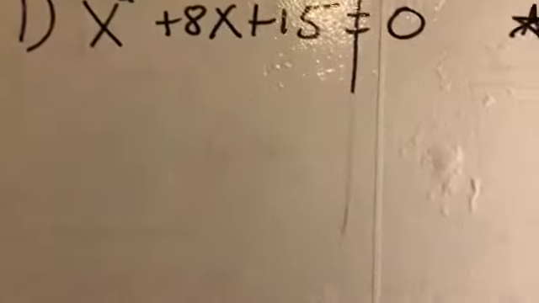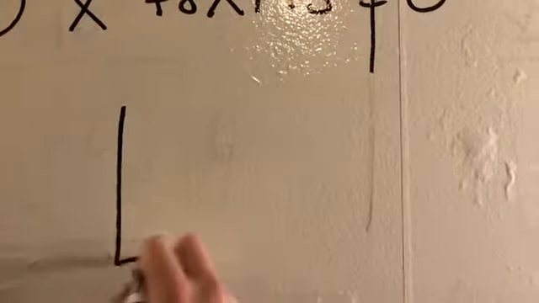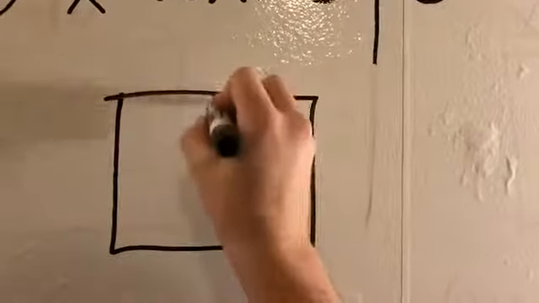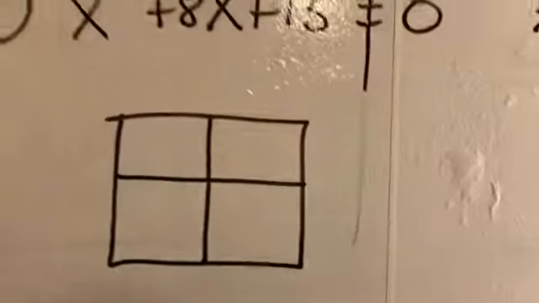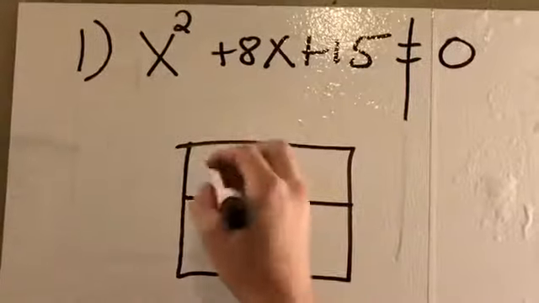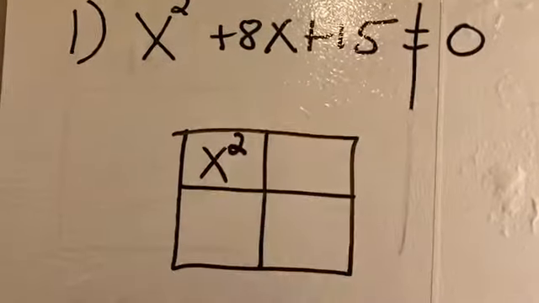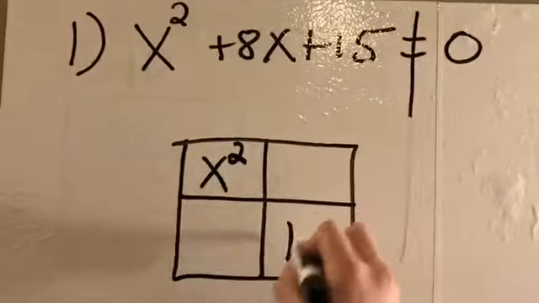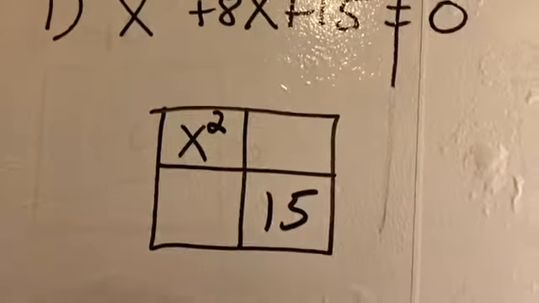Now, in order to set up our thinking, we are going to use the area models to try and work backwards here. Now we know that top corner is where we always have gotten our little x squared, and we know our 15, our regular number, is always going to go in the bottom right.